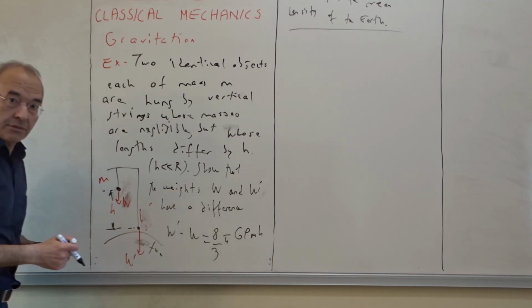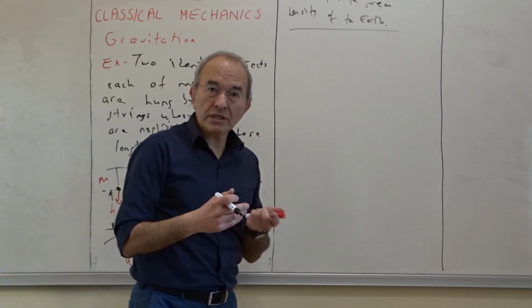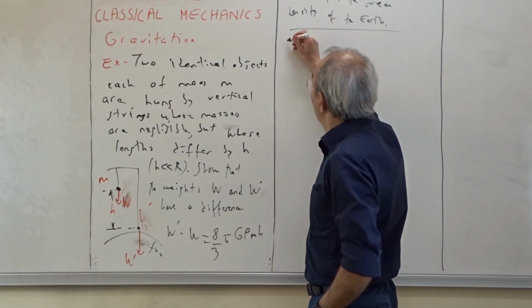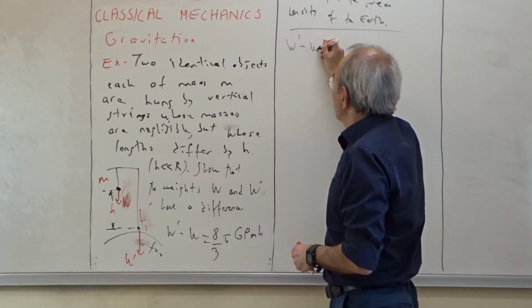W prime is greater because it is nearer. Alright. How can we write them? Of course, we will use the gravitational force, G, M, etc. So W prime minus W is the following.